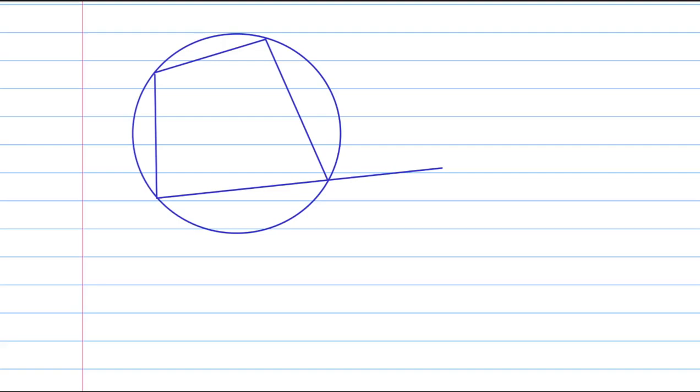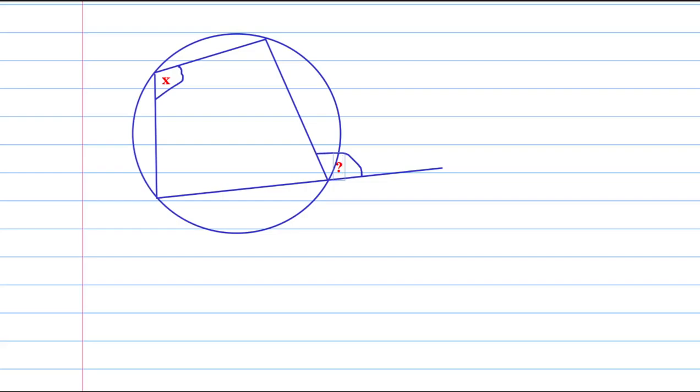We want to show that these two angles are actually equal. This is the interior opposite angle. This is the exterior angle. We want to show that they are equal. Let's put a general value here, maybe x, and then we want to find the value there.